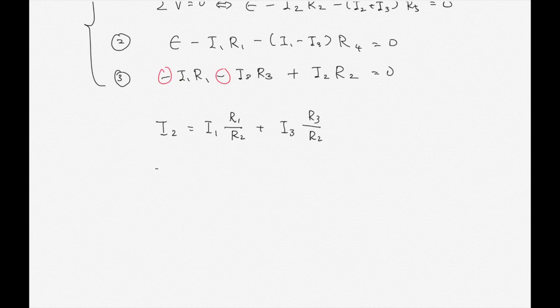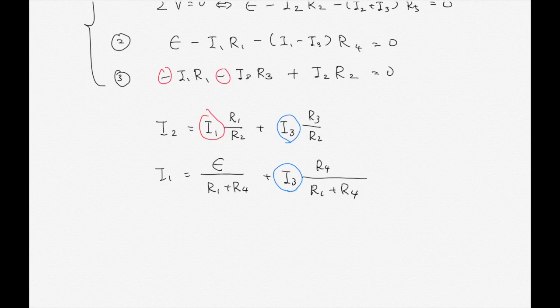And I sub 1 is written epsilon over R sub 1 plus R sub 4 plus I sub 3 R sub 4 over R sub 1 plus R sub 4. Now all the terms are expressed by I sub 3.